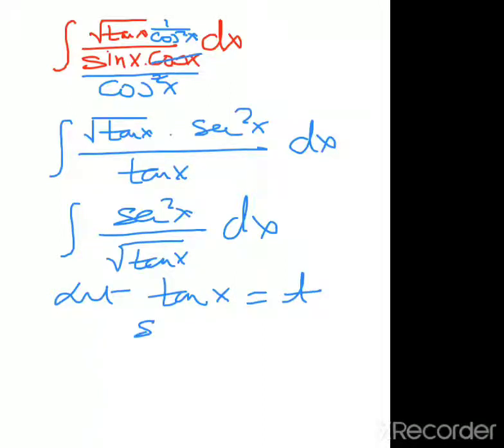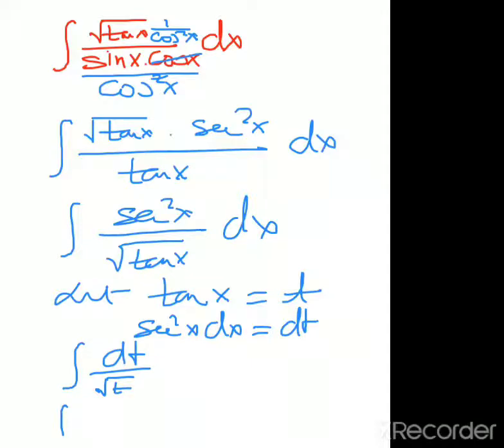For sure, sec square x dx will be equal to dt. Integral dt upon root t. I could also write it as t to the power minus 1 by 2 dt.